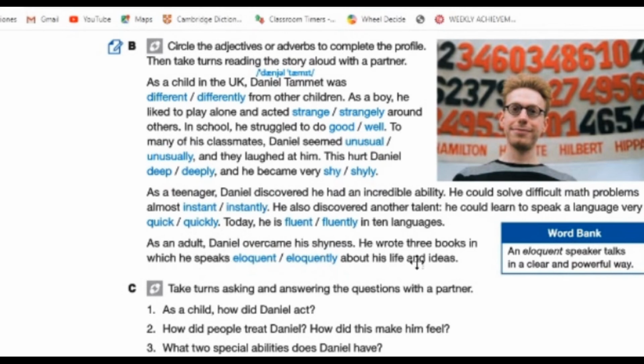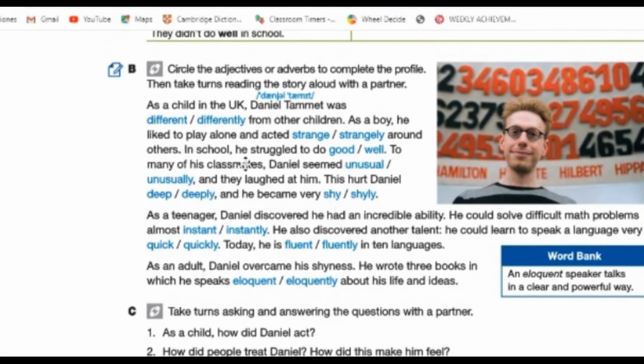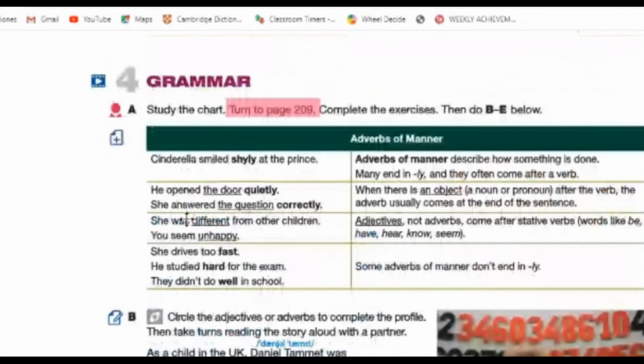Yes, eloquently about his life and ideas. So remember, with the stative verbs, adjectives. With action verbs, adverbs.